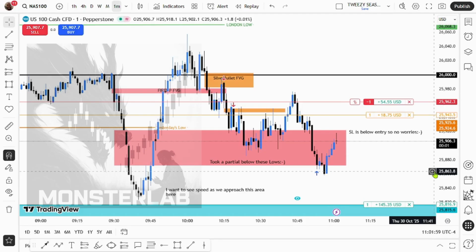Considering it's a low probability day, anything might happen from here. I'm still positive we will reach for the blue daily fair value gap just below down there. That's my daily bias for today.